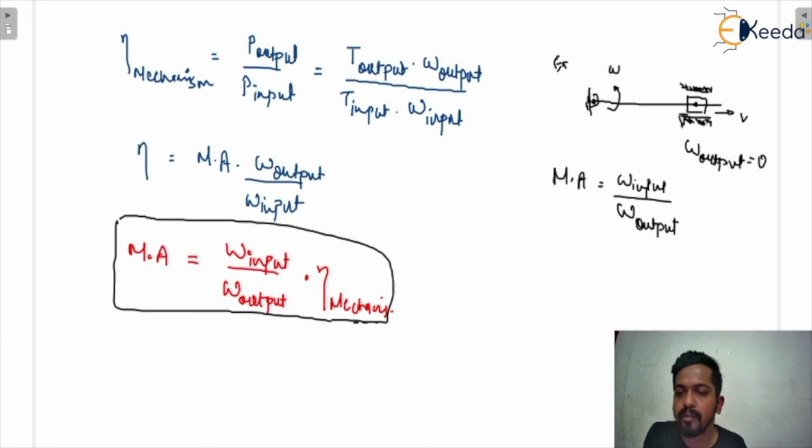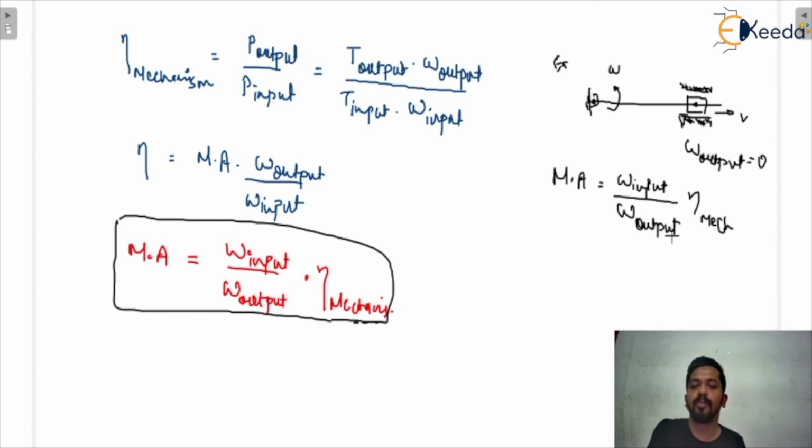You must know the formula accurately. If you don't know the exact formula, there may be a possibility that you write omega output upon omega input, so the answer would be totally different. That would be the wrong answer, and the wrong answer would also be in the options. So be careful about the formula. This is omega input upon omega output into efficiency of the mechanism.